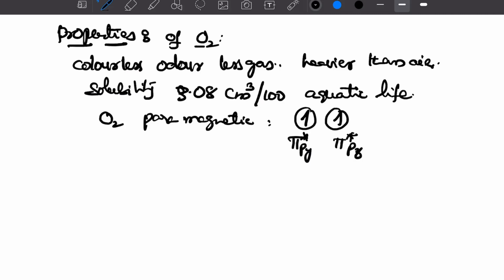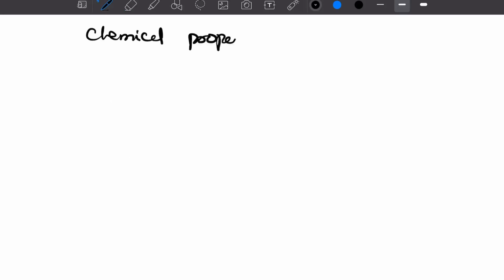And next is the chemical properties of oxygen. What are the main chemical properties? Oxygen reacts with almost all the elements present in the periodic table.